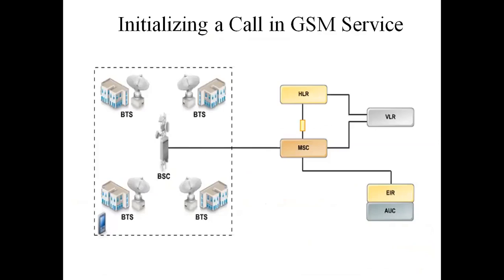All the base transceiver stations, you can see there are four base station transceivers, in the area transmit the frequency correction channel, then the synchronization channel, and the broadcast control channel, which contains the base transceiver station's identification and also the location.